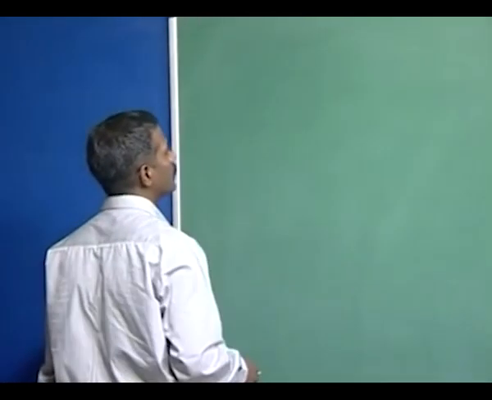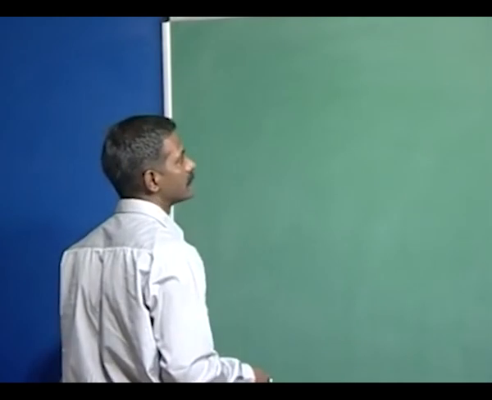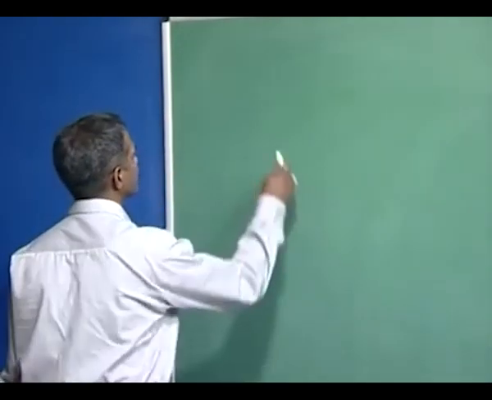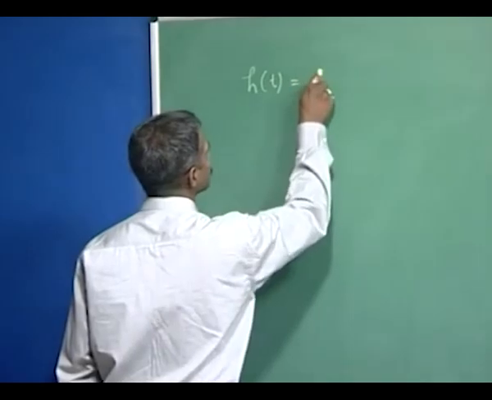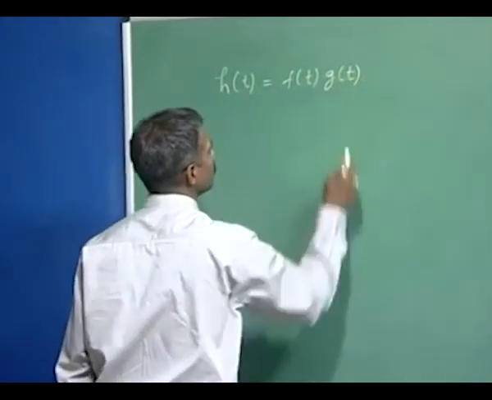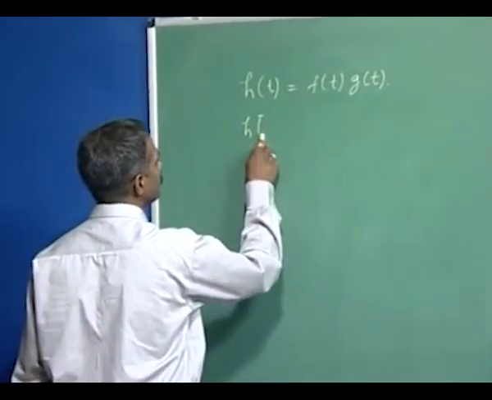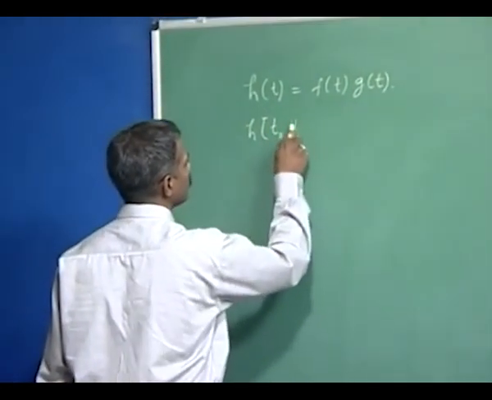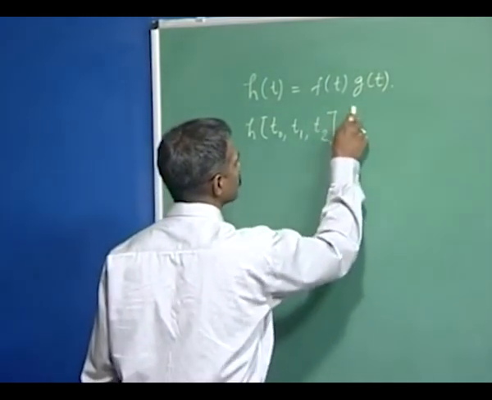Let's see if Leibniz result gives the correct prediction for the second divided difference. So h(t) equals f(t) g(t), and we are looking at what h[t0, t1, t2] is.